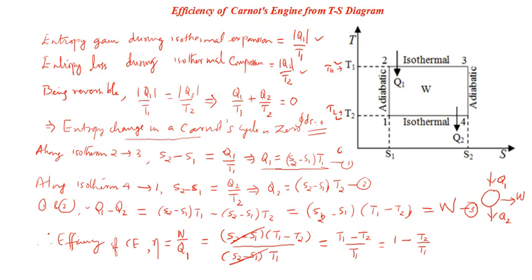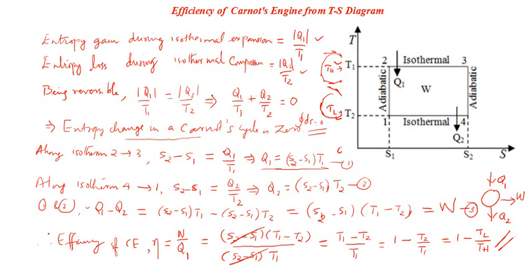Remember, T2 is TL and T1 is TH for us. So this is 1 minus TL by TH, using the notations we have been using before, which is nothing but the already established expression for the efficiency of a Carnot engine.